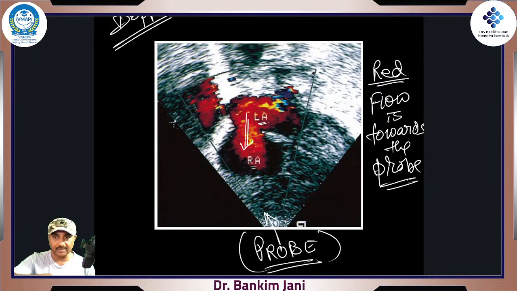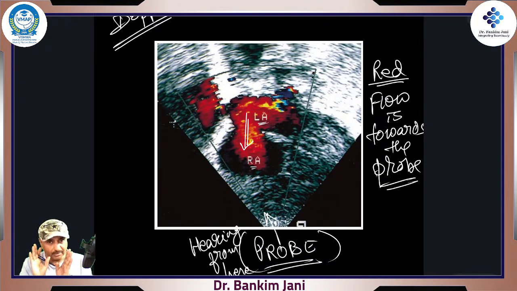Let's say Eisenmenger complex develops, so this will turn blue because now the blood would be shifted from right atrium to left atrium. It is going away, same size, same position of the probe, right? Probe means you are hearing from here. So that's what happens. It is the red color. No way confuse it with oxygenated, deoxygenated. These sound waves don't understand any of those things.